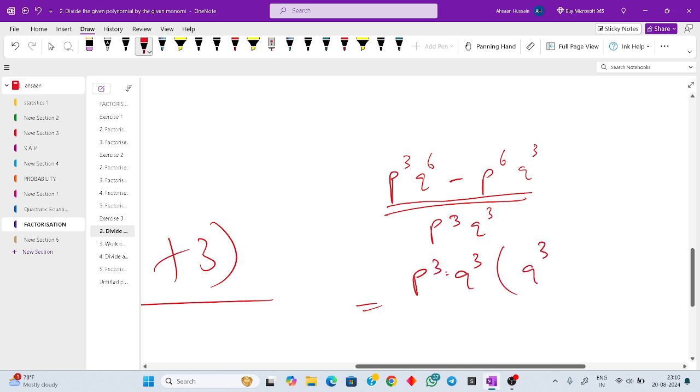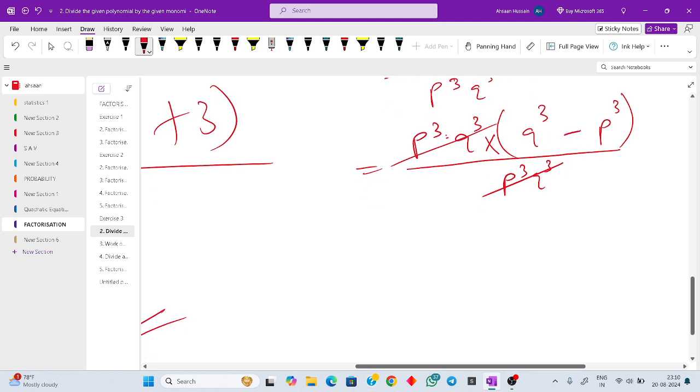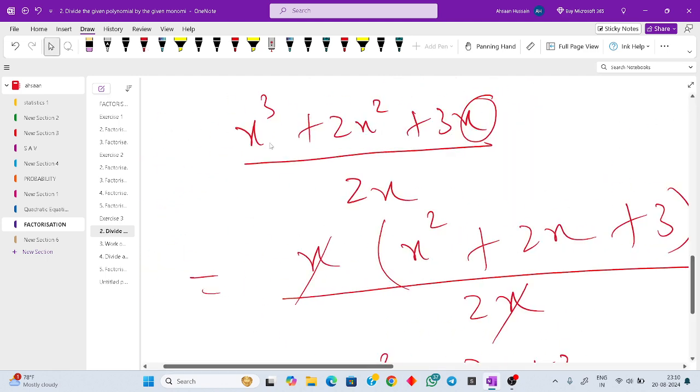And here only q cube is left, and here p power 3 is left. Now we can cancel because if there is nothing, it means there is a multiplication symbol. So the answer would be q cube minus p cube. Okay.